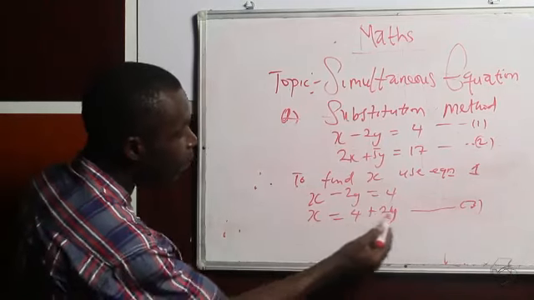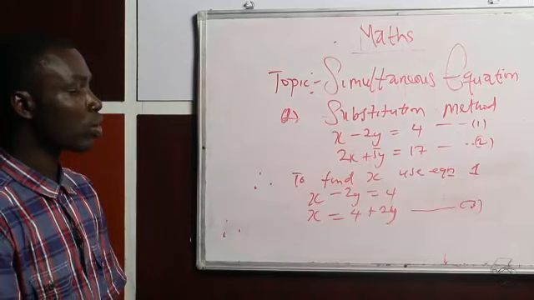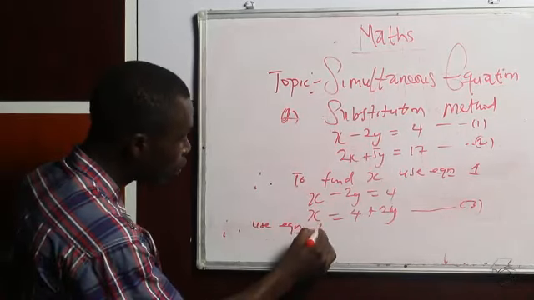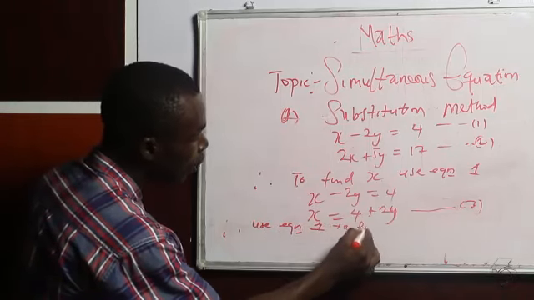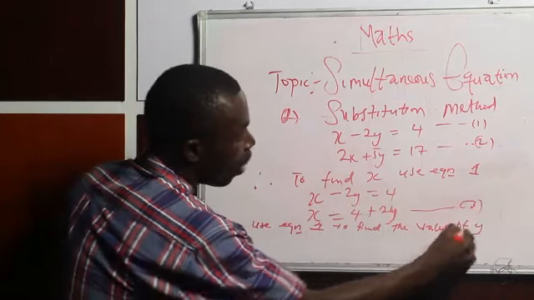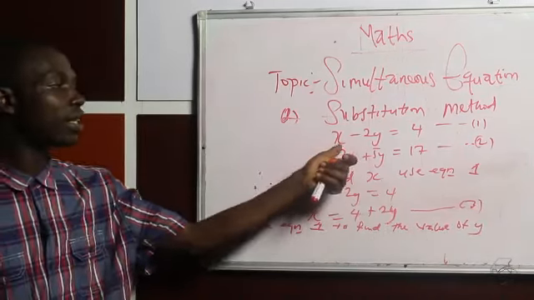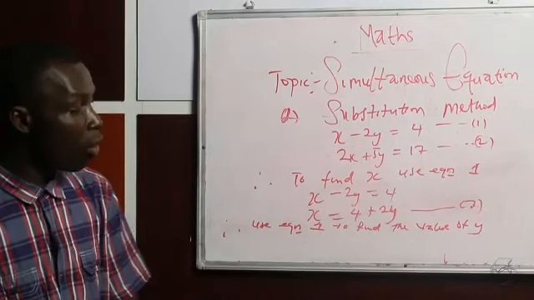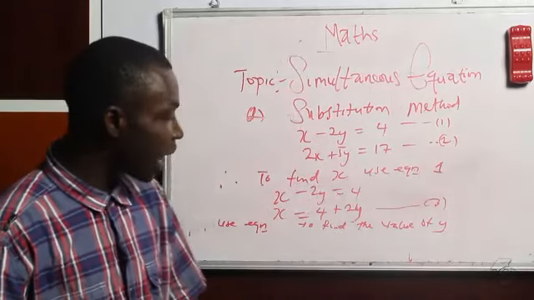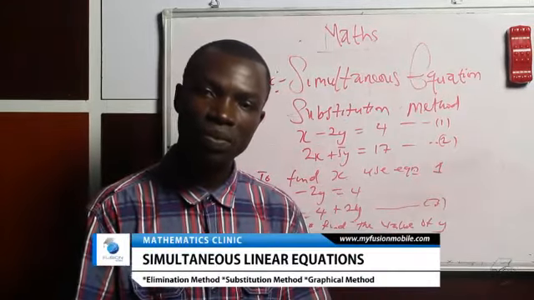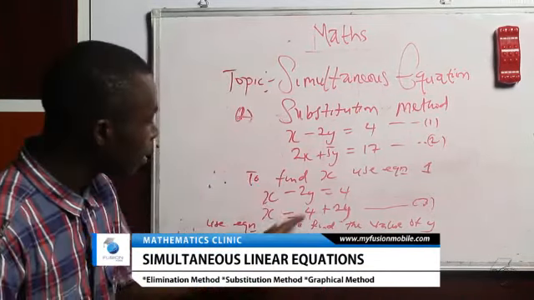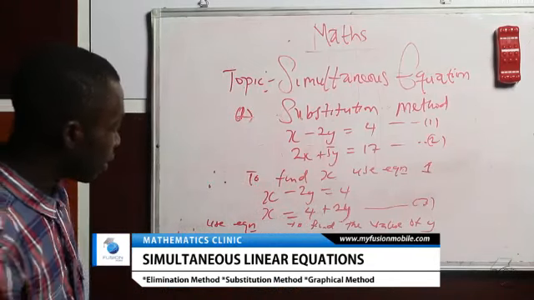Therefore, x is equal to 4 plus 2y. Anywhere we see x, we substitute 4 plus 2y. Because anywhere we see x, we substitute the value of x. Okay, to find the value of y, use equation 2, because our x has been shown to be 4 plus 2y.